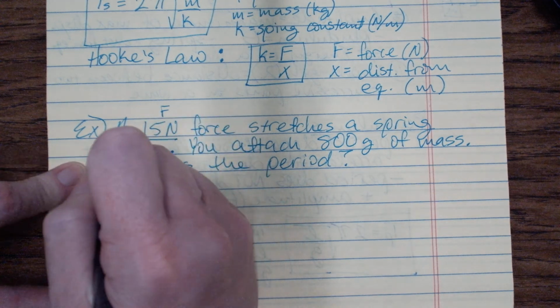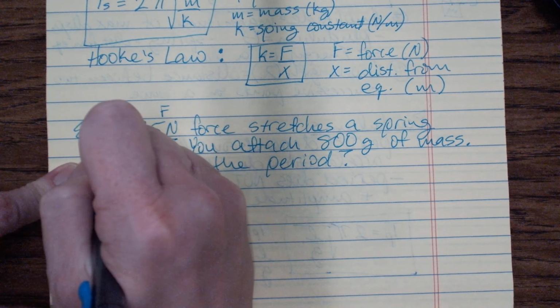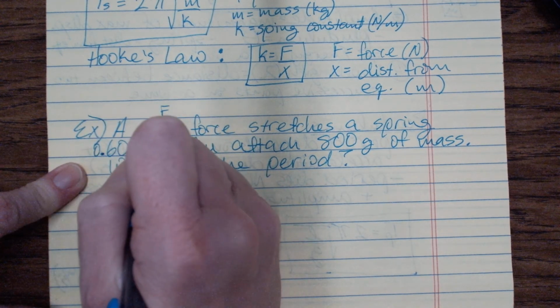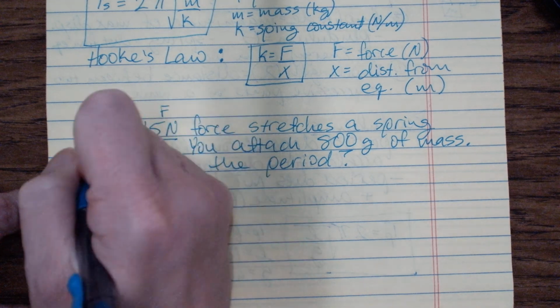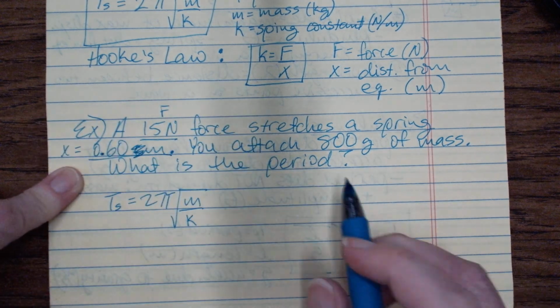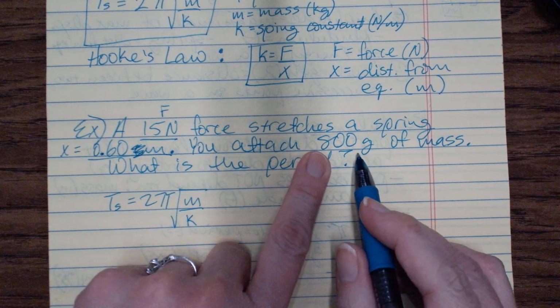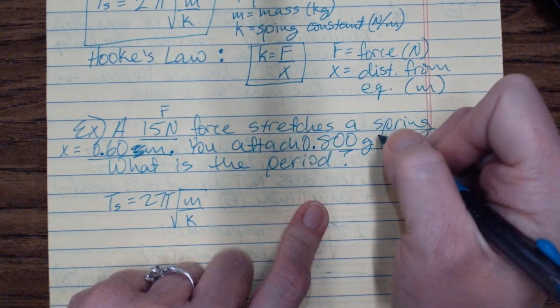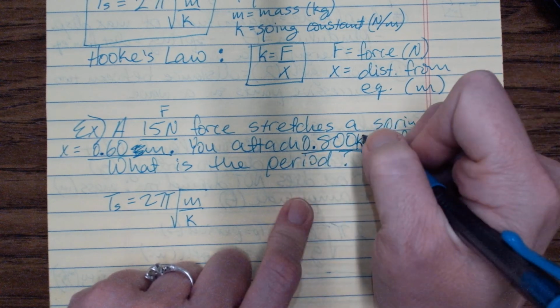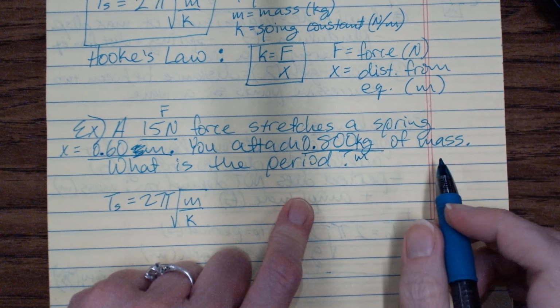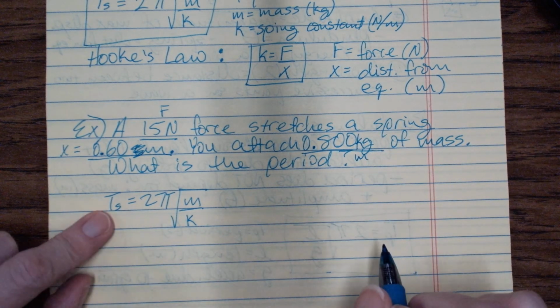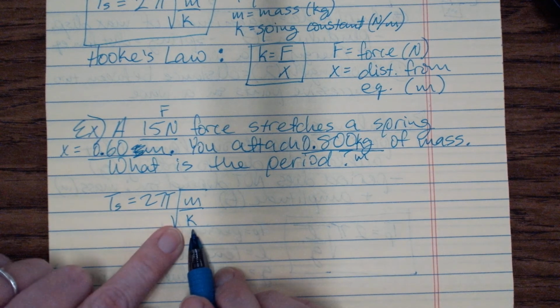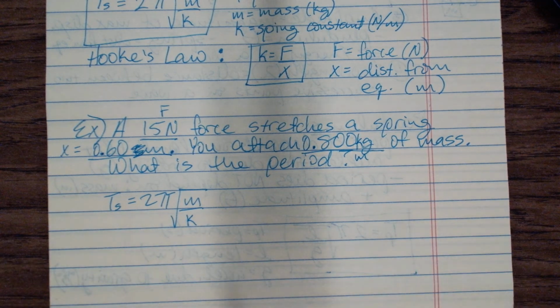So we know that x is 0.60 meters, and that's your x value. This is 800 grams. We need it to be in kilograms, so that's going to be 0.800 kilograms, so that's your mass. And we're looking for the period. We can't do this because we don't have k. So first we're going to have to use Hooke's law.